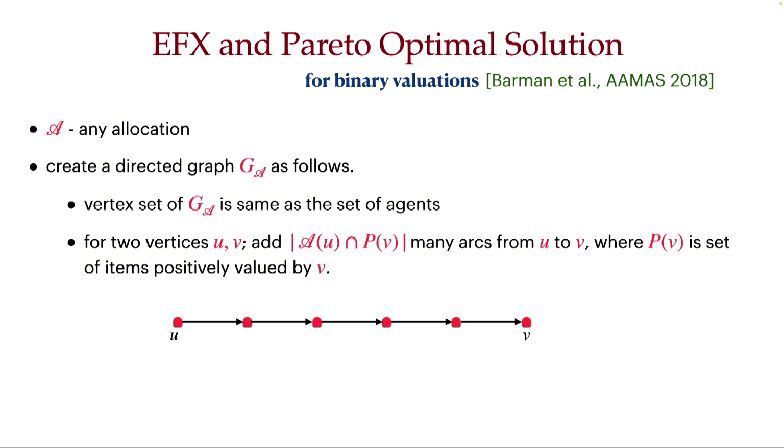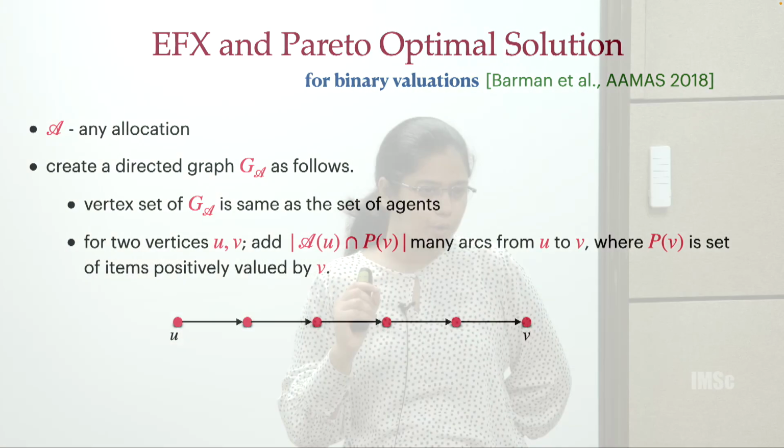The intuition is that those many goods you can move from U to V to improve the valuation of V. We will not do that in one go, but that is the intuition. You can imagine that every arc represents a good. We don't need to label it with the good because everything has value 1, so in some sense these are identical.